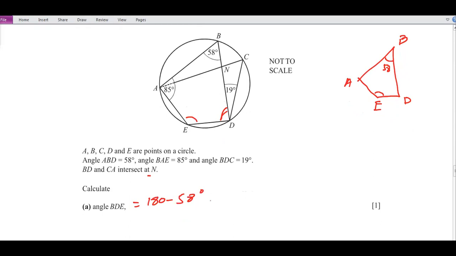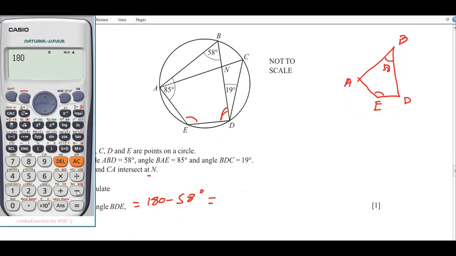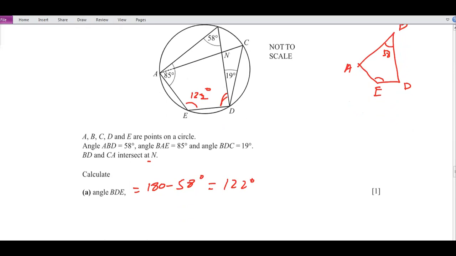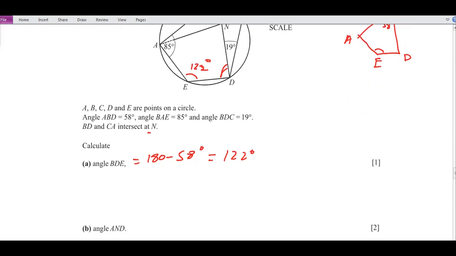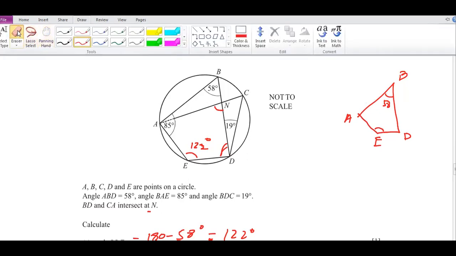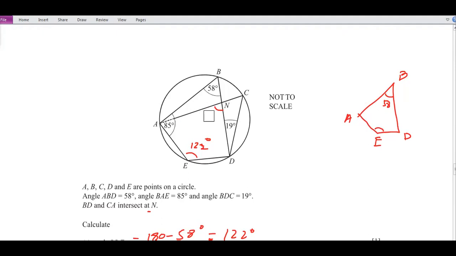So 180 minus 58, what that will be? 122. It means this angle is 122 degrees. Angle A and D. Okay, where is A and D? A and D means this angle. Okay, so to find this angle, if we manage to find either this angle or this angle, we can do it quite easily.